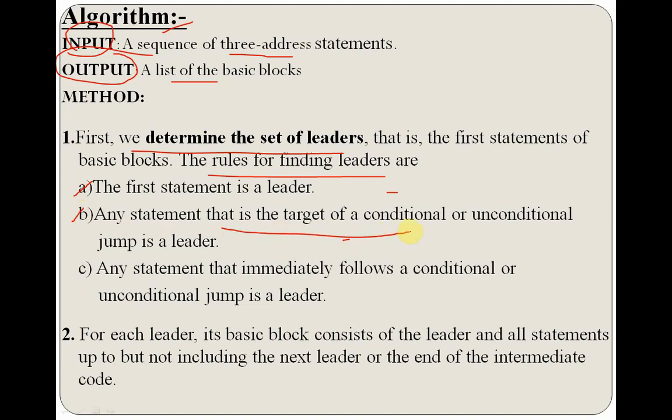Within the code, if there is any statement that is the target of a conditional or unconditional jump instruction, then take it as a leader. A statement that immediately follows a conditional or unconditional jump statement is also a leader. So first find the leaders.